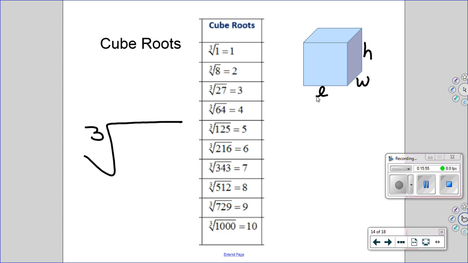There's 3 things. Or when you cube a number, it's to the 3rd power. So the cube root of 1 is 1, because 1 times 1 times 1 equals 1. The cube root of 125 is 5, because 5 times 5 times 5 equals 125.